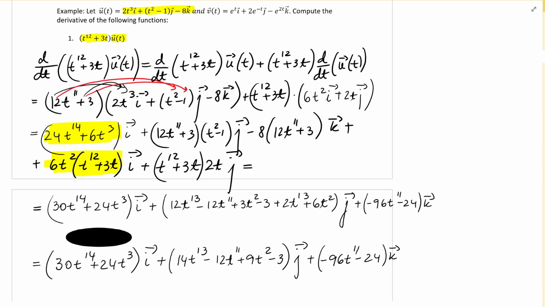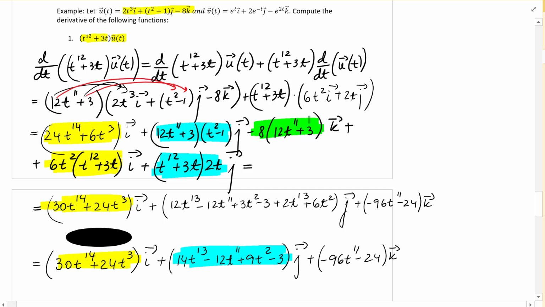And then I combined like terms, like the yellow ones together, because they were times i, and that resulted in this answer. And then the blue ones together because they were times j, and resulted in this one. And then the term in front of k, and we got this one.